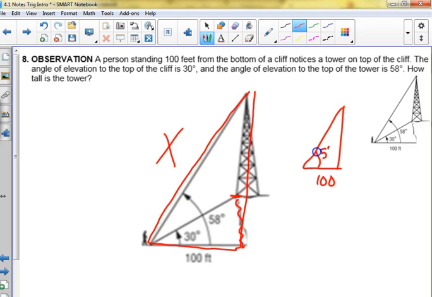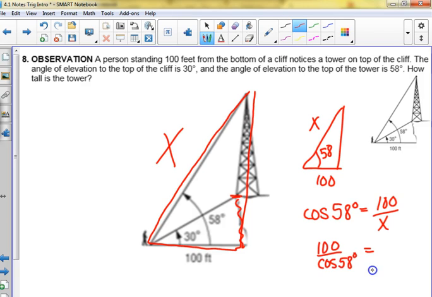This whole angle's 58, right? How do we find x? Cosine of 58 degrees equals adjacent over hypotenuse. So we type 100 divided by the cosine of 58. 188.7.